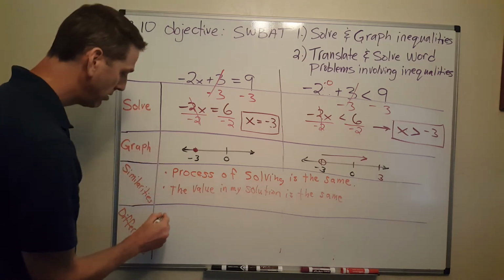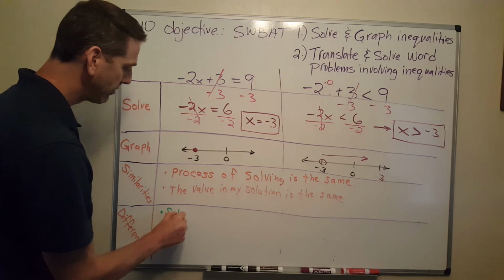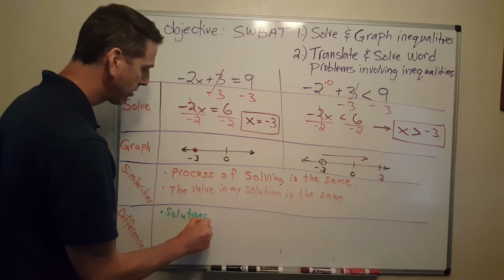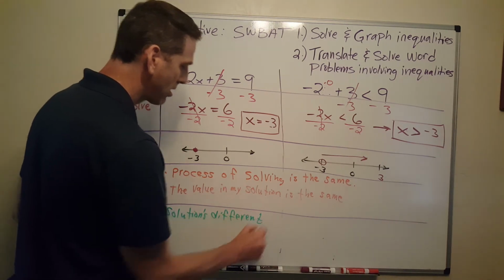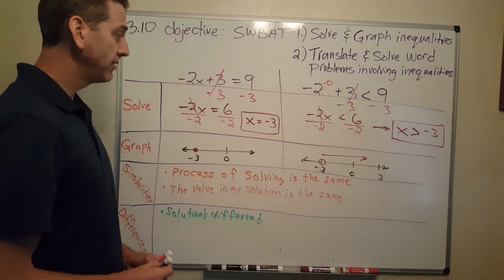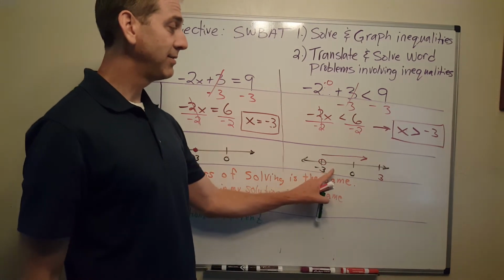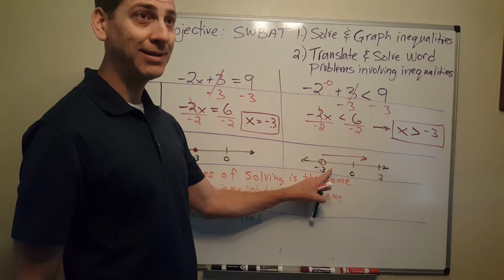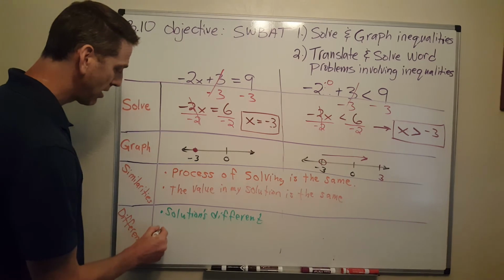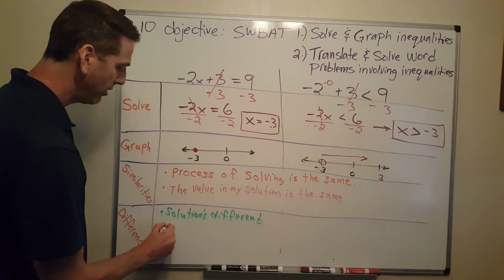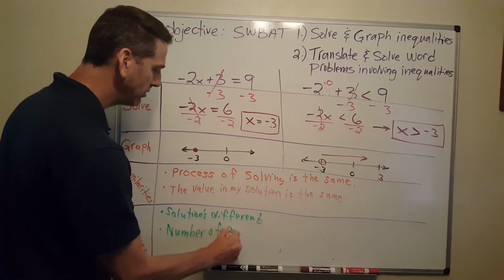First of all, the solution's different. This equation, the solution is -3. For the inequality, the solution is not just -3. It's anything greater than -3. Different solution. Another difference is the number of solutions.